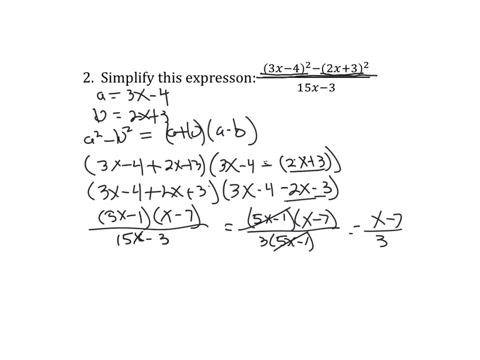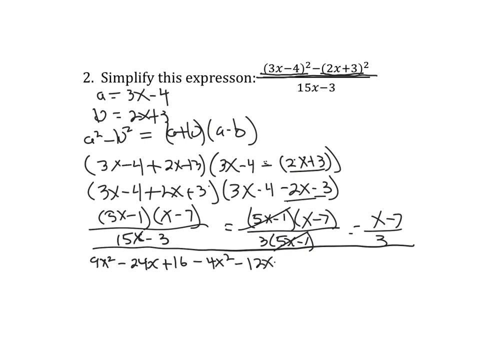Now, could we have done this the other way? Yes, we could have multiplied out and expanded both the (3x minus 4) squared, which would have given us 9x squared minus 24x plus 16, and then minus (4x squared plus 12x plus 9).